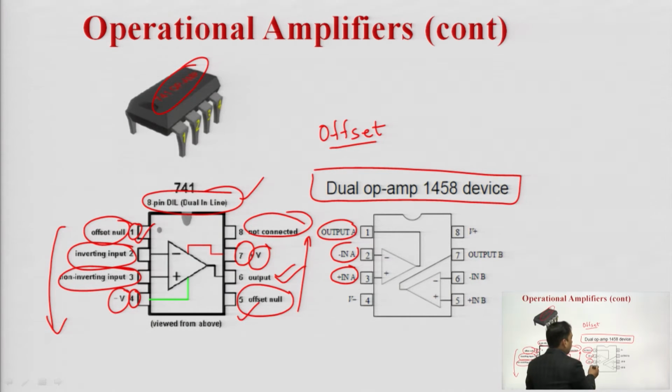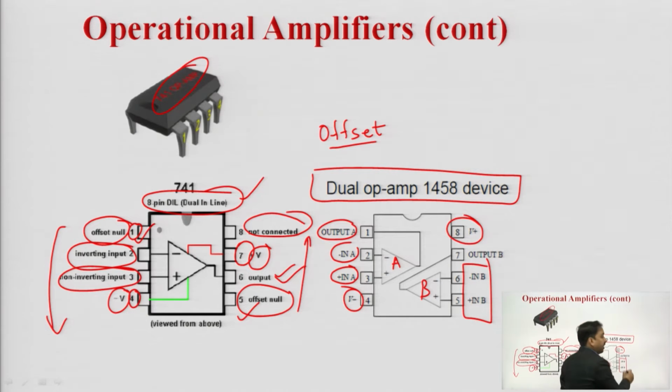Pin number 4 is minus V and pin number 8 is plus V. Pin number 7 is the output for the second op-amp, let us say this is B and this is op-amp A, and similarly pin numbers 5 and 6 are the inputs, one the inverting input, the second the non-inverting input. So, these are the pin configurations of the two ICs corresponding to the op-amp.